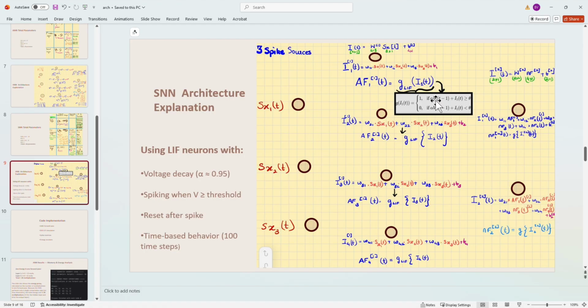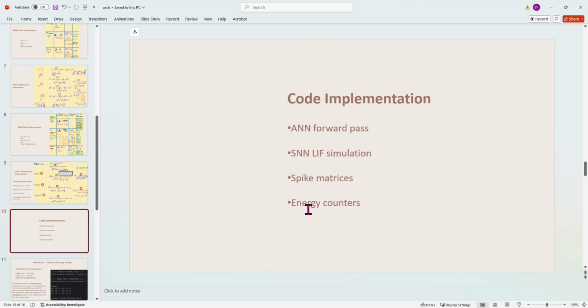The new voltage is previous voltage plus the input current. If the voltage crosses the threshold, we emit a spike and then reset. Then the spike matrices, one matrix for hidden layer spikes, and then lastly we come to energy counters.